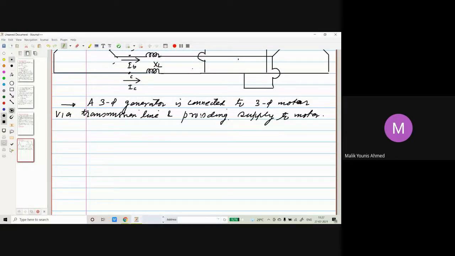Now, at pre-fault conditions, the system is operating in balanced conditions. So in the pre-fault condition, there was no fault at all.